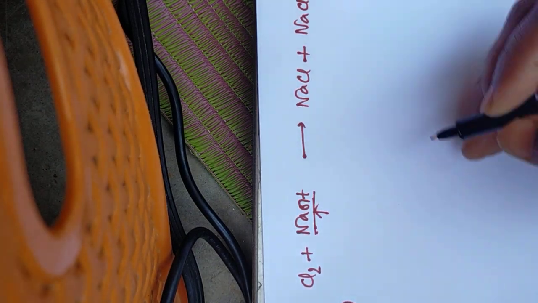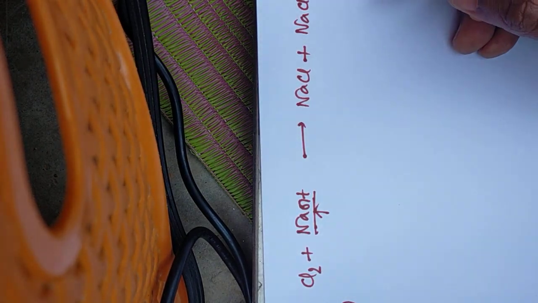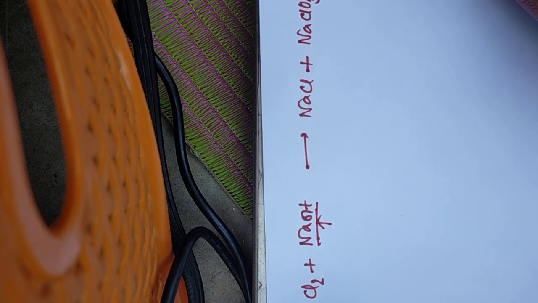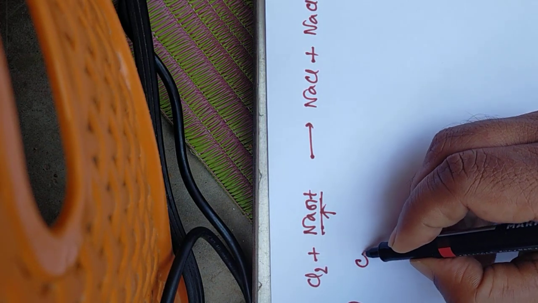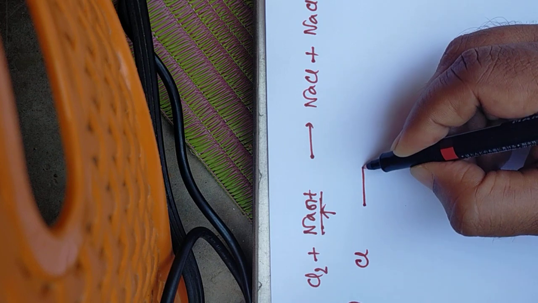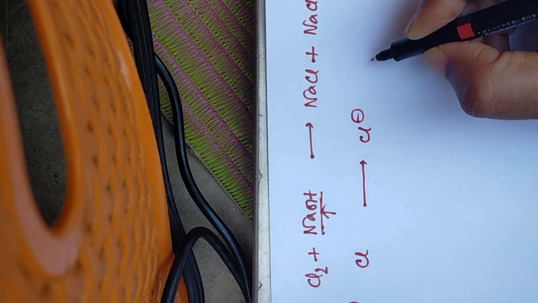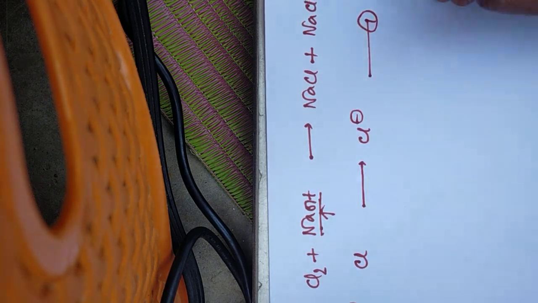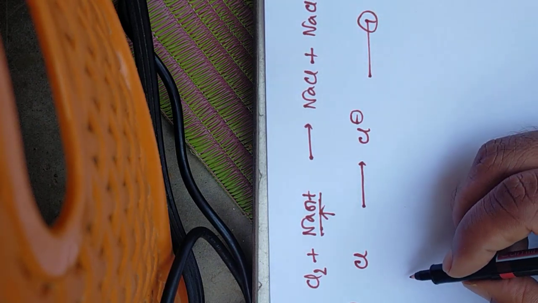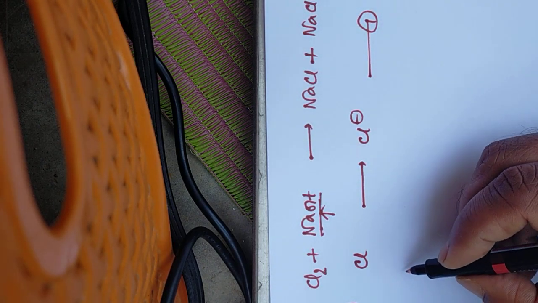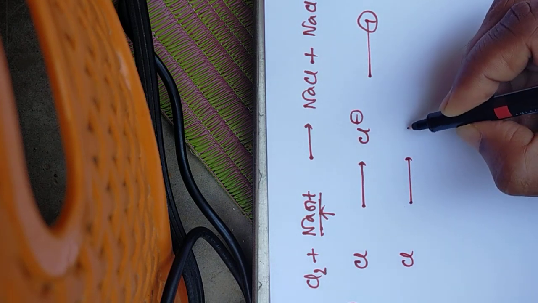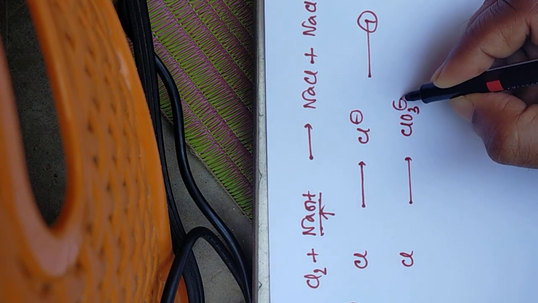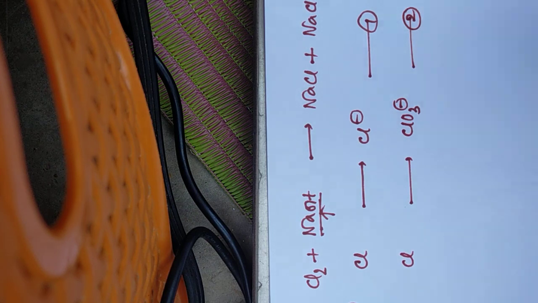So we separate this equation into two half reactions, one oxidation and the other reduction. First, chlorine is converted into Cl-, this is equation 1. Equation 2: another chlorine atom is converted into ClO3-.